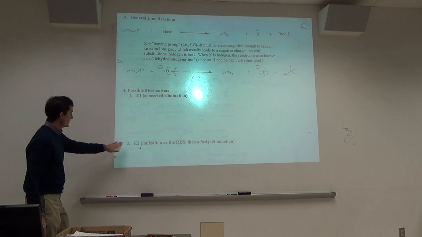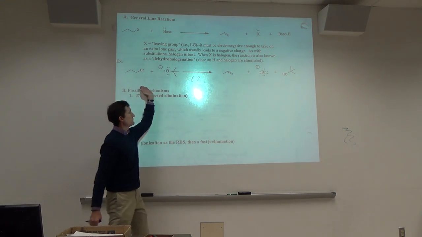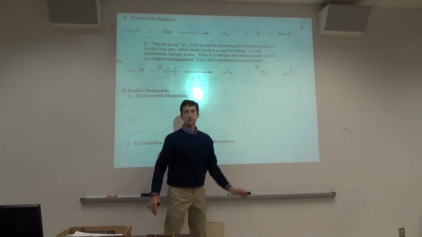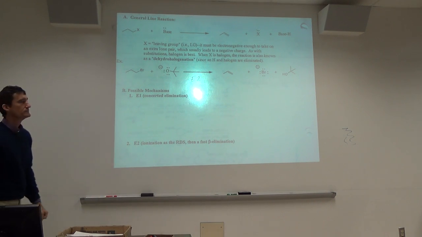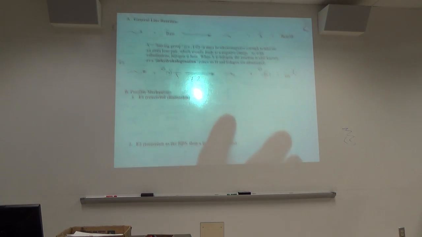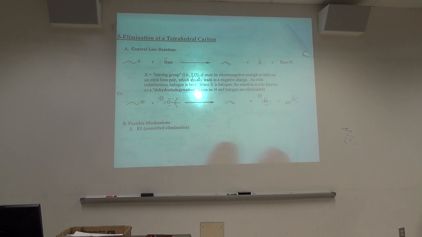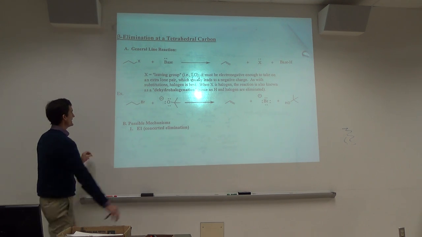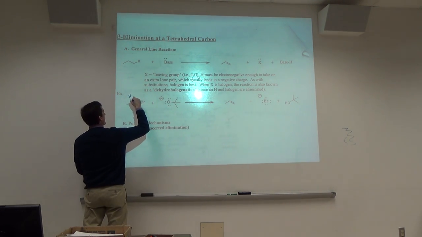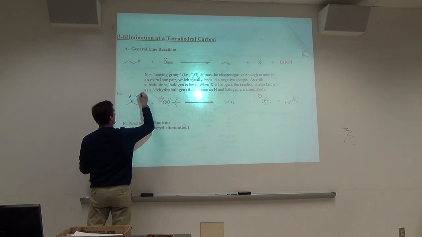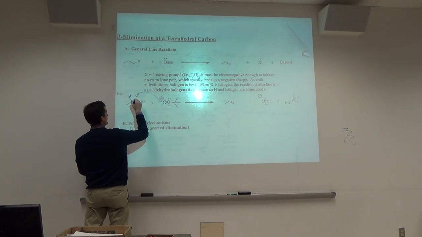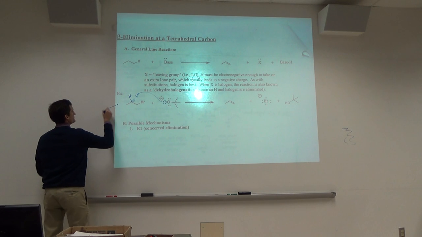Did anybody come up with a third way to show this process of forming these products? Well, what if we did this? What if the base took an H and just left these electrons here?